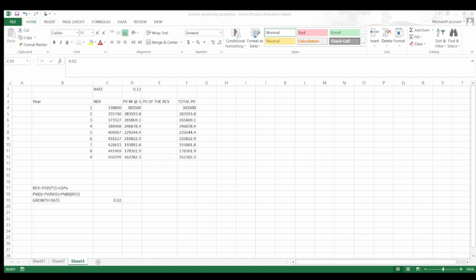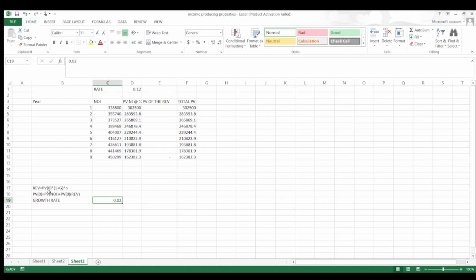Assume that the reversionary amount is equal to the current present value multiplied by 1 plus the growth rate raised to power n, where n is the term after which the investor is expecting to resell the property.